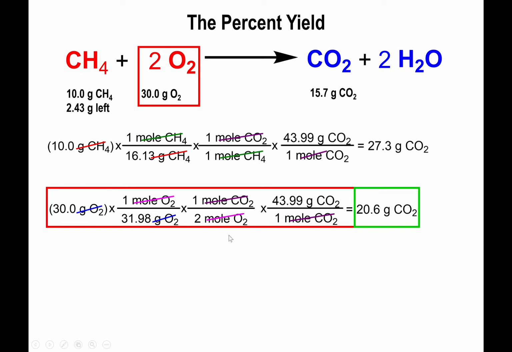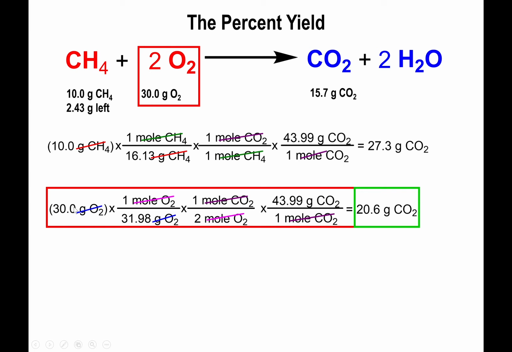All right, so this is the way it goes. With the calculation of the limiting reactant, or the calculation we use to determine the identity of the limiting reactant, we've already gotten the amount of mass of CO2 that is basically the upper limit of what we can get for CO2. This is the theoretical yield.